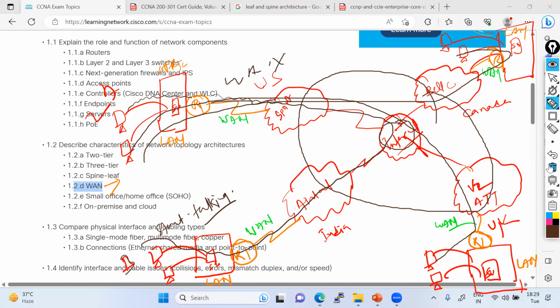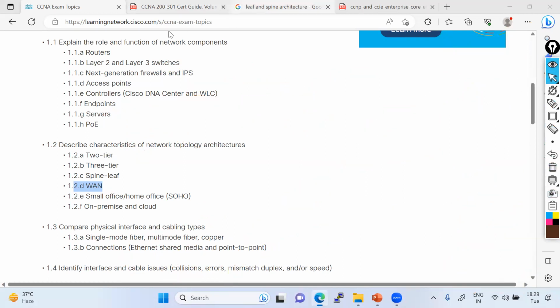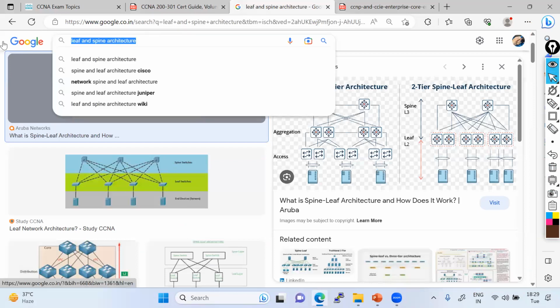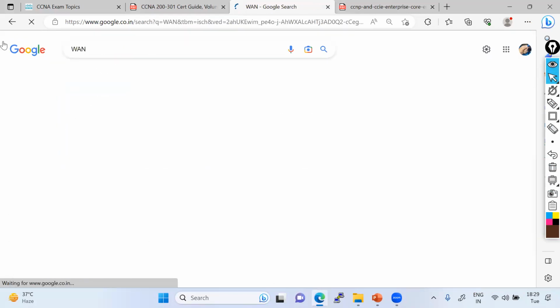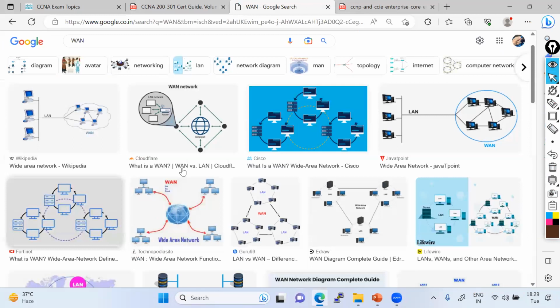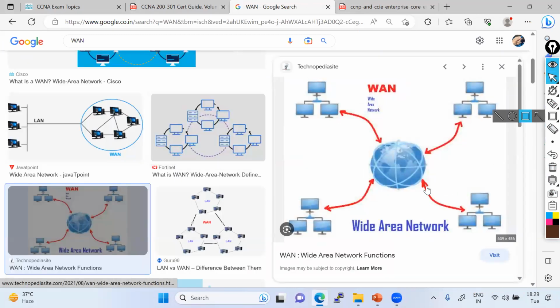If you go on Google now and try to search WAN, you'll find this kind of diagram, what I just explained. So this is the world, and this world is known as the internet.